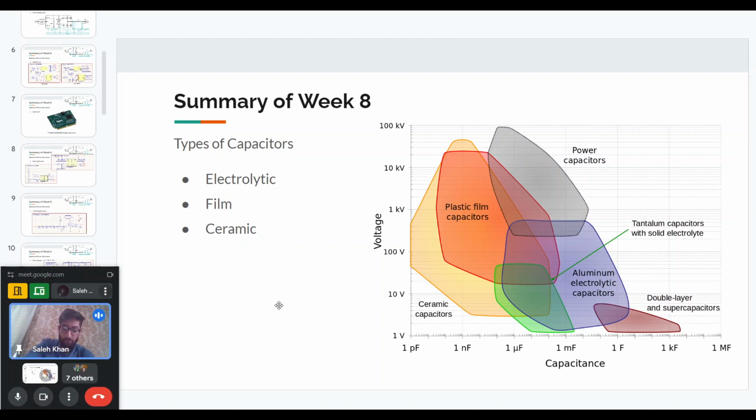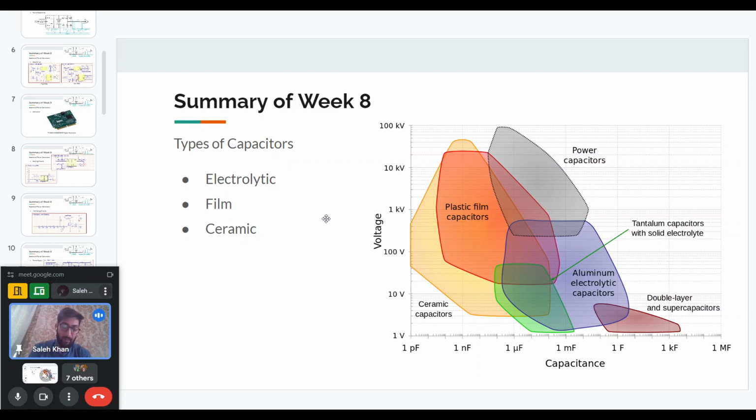In order to choose between them, the first things that you have to consider are the capacitor value that you require, and the voltage rating of the capacitor. So that is the maximum voltage that will be imposed upon that capacitor. As you can see in this graph, these three different types of capacitors will have different applications.